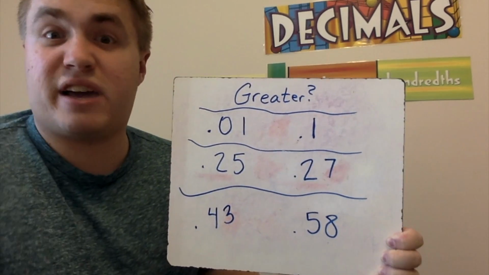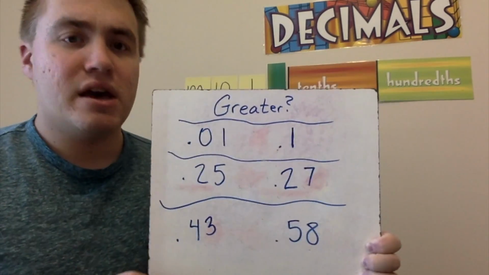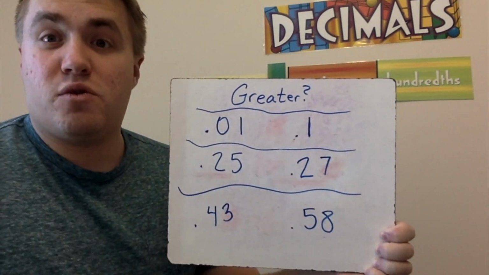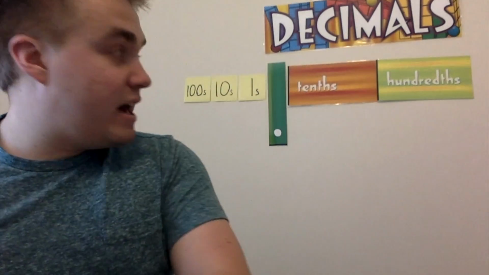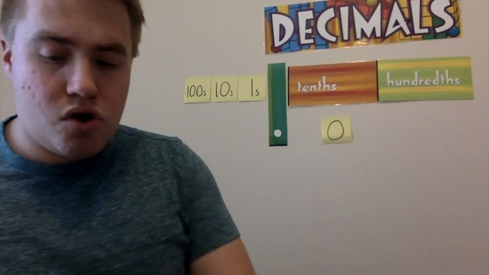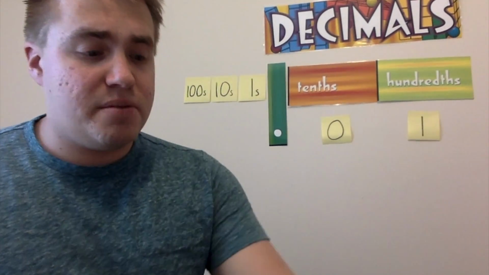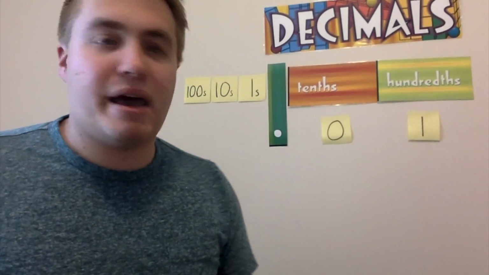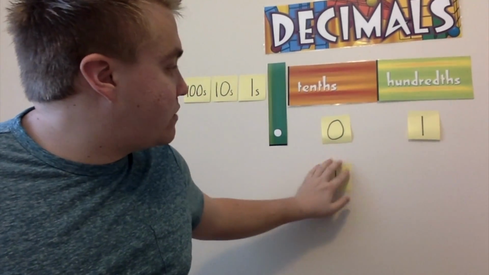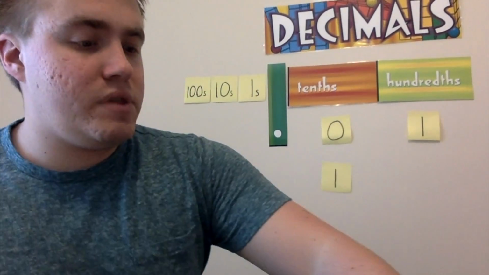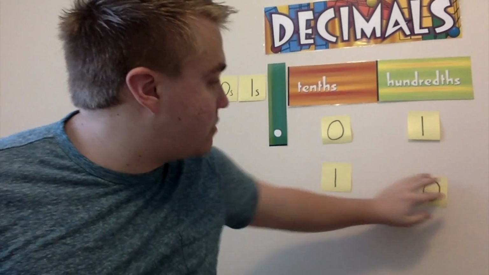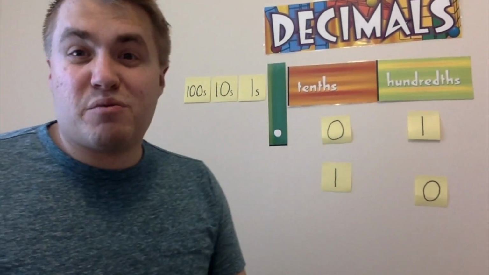The first way that we're going to look at it is with money. Now, I know that 1/100th represents a penny. Up here is my 0.01, that represents my penny.